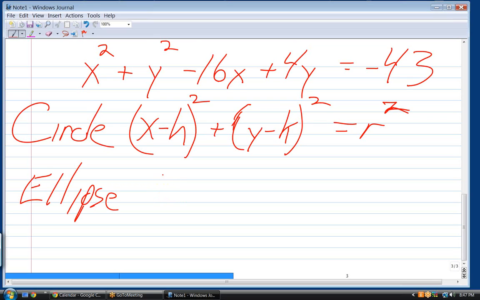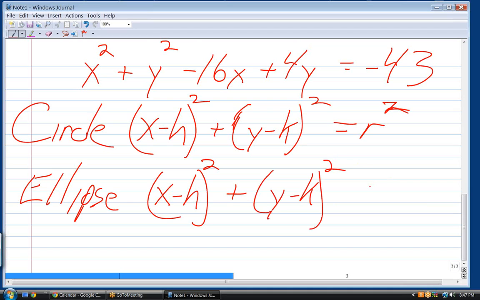But if it's not at the origin, you have x minus h squared plus y minus k squared equals 1, and there's also an a squared under that and a b squared under that.